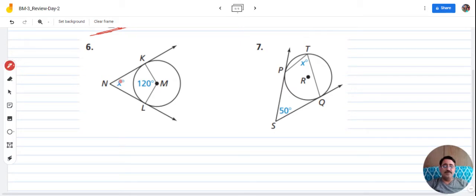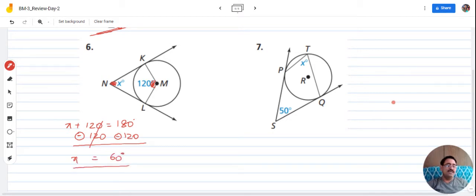Already I mentioned that the central angle plus the angle formed outside sum to 180. Therefore, x plus 120 equals 180. It's a very easy calculation. Subtract 120. Therefore, the value of x equals 60 degrees.